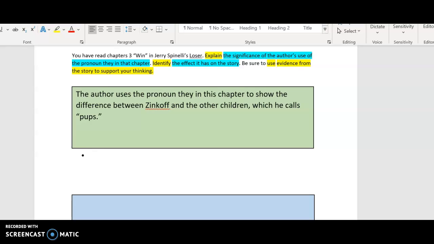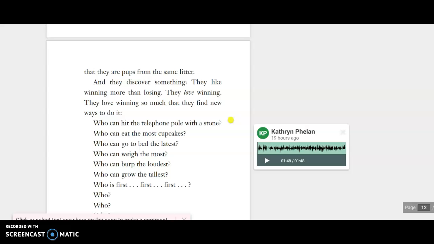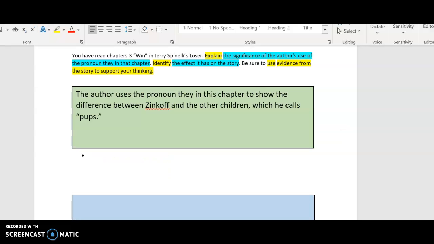Darn it. Okay, so I'm just going to write it by hand. I just need to review it for a minute. "They like winning more than they like losing." I'll make sure when I do it with you that I have a PDF that you can copy.